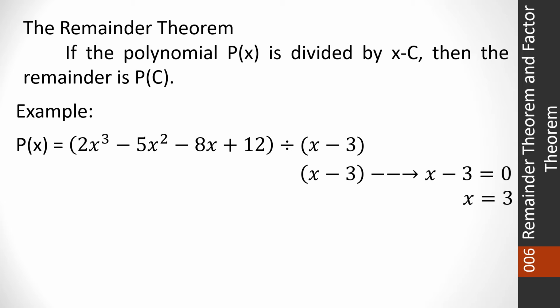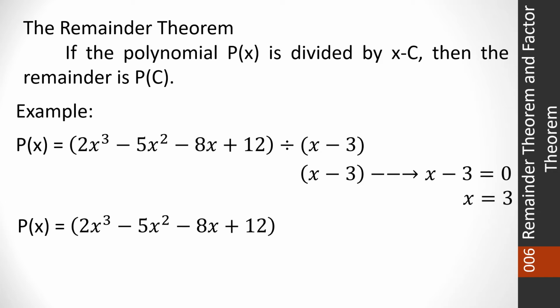Then, since we already have our value for x, we can now substitute it to p of x. Okay? So, for our p of x, we have 2x cubed minus 5x squared minus 8x plus 12.